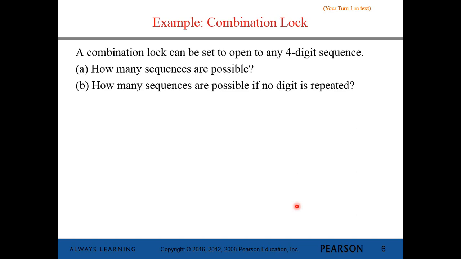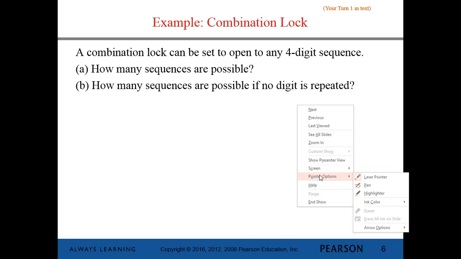Well, if we were to write down all the possible sequences, that would take a long time. But if we use the fundamental counting principle, it'll be easy.